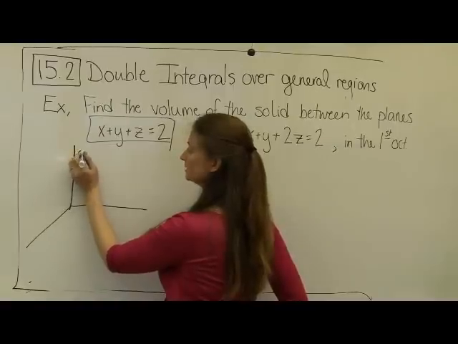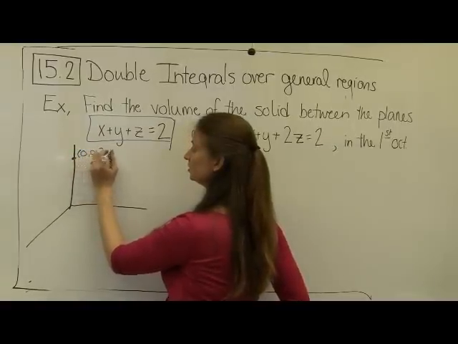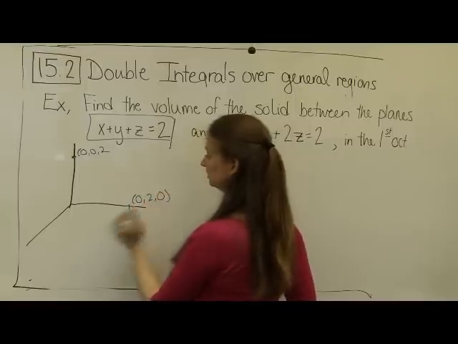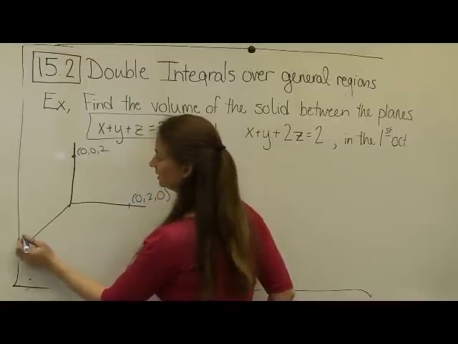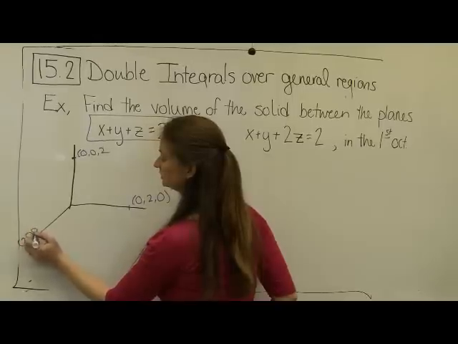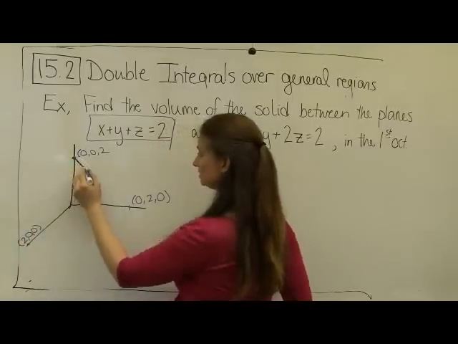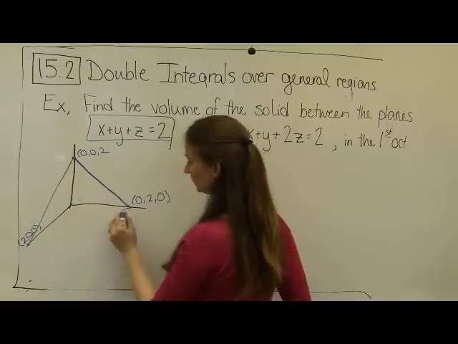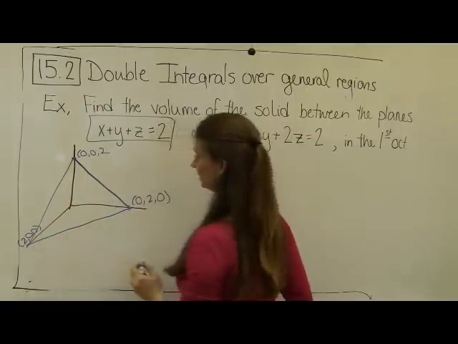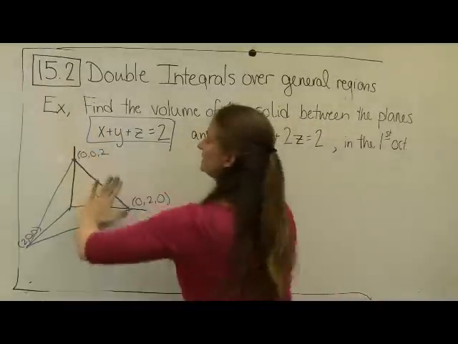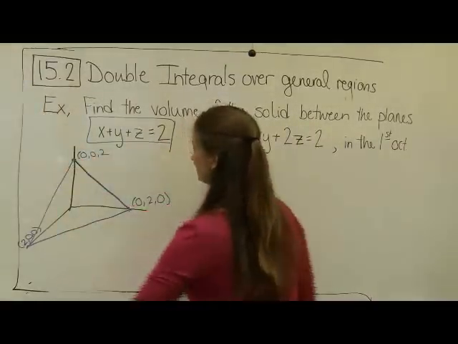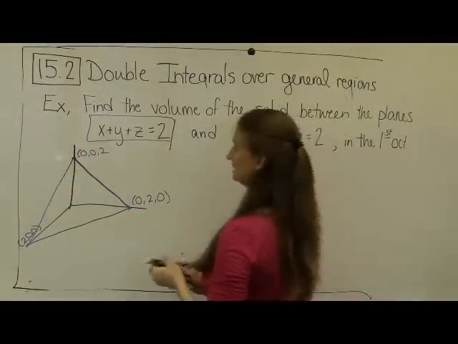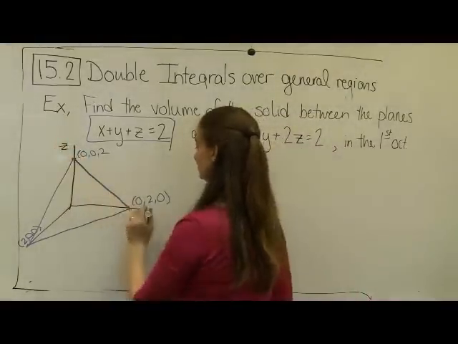So that gives me my intercepts: (0, 0, 2), (0, 2, 0), and (2, 0, 0). The plane extends outwards in all directions, but where it slices into the x, y, and z axes is what is labeled here.